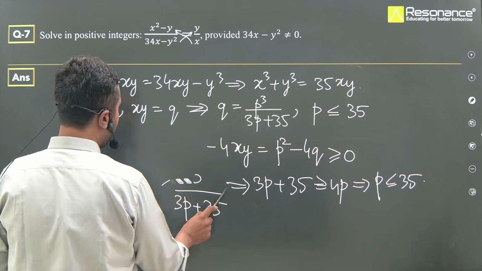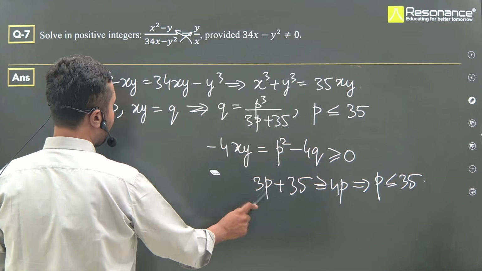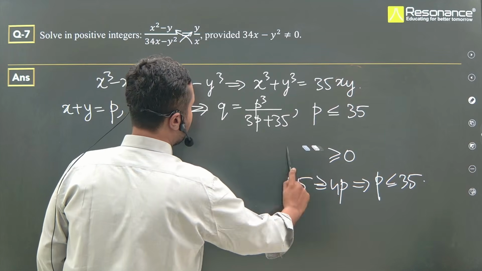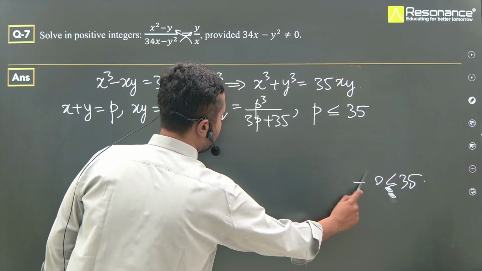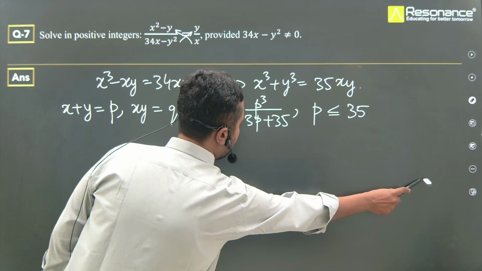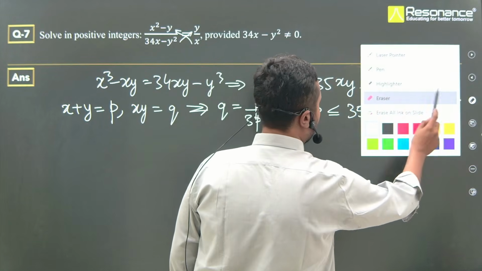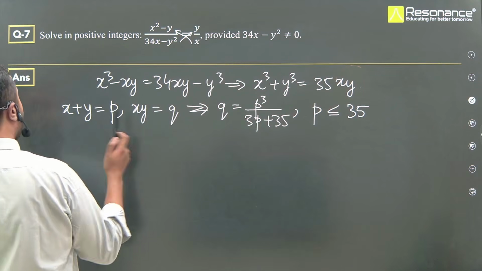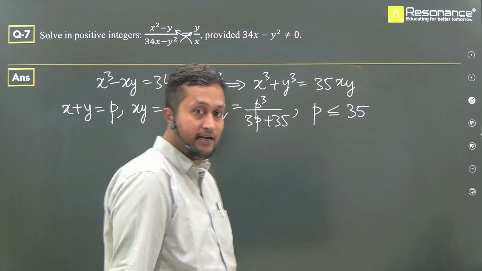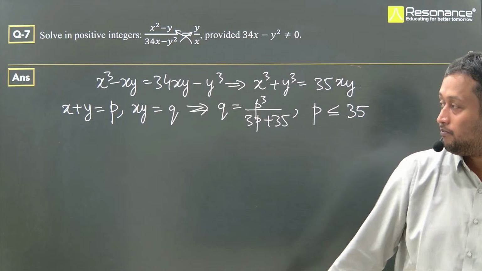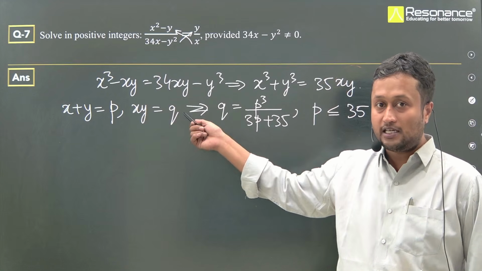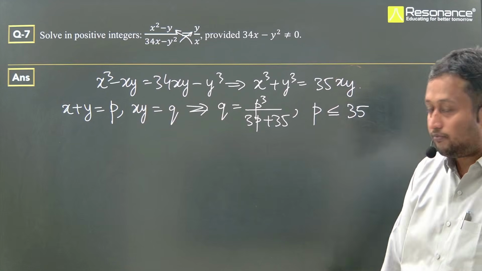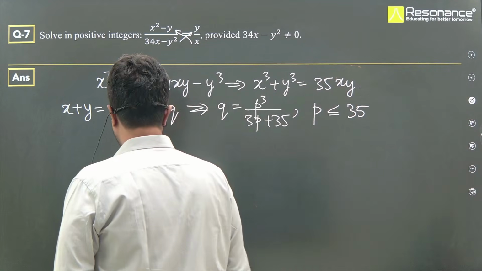But now, we never really use the fact that x and y are natural numbers. Let's use that now. So x and y are natural numbers means that p and q should also be natural numbers, because that's a sum of two natural numbers, that's the product of two natural numbers. So both p and q are natural numbers.